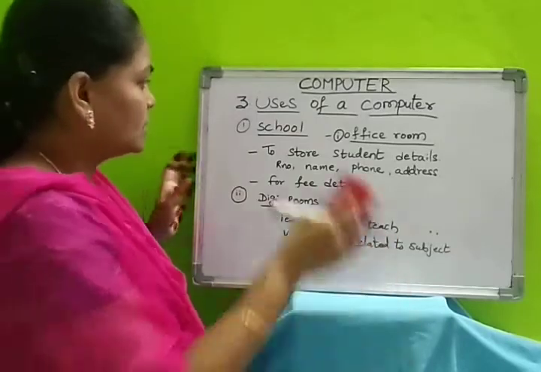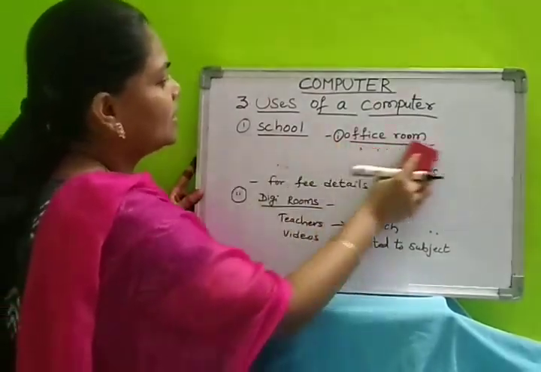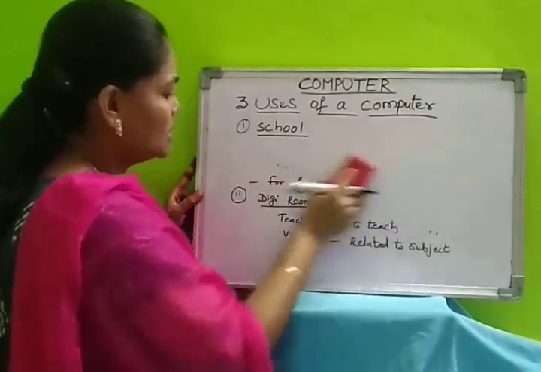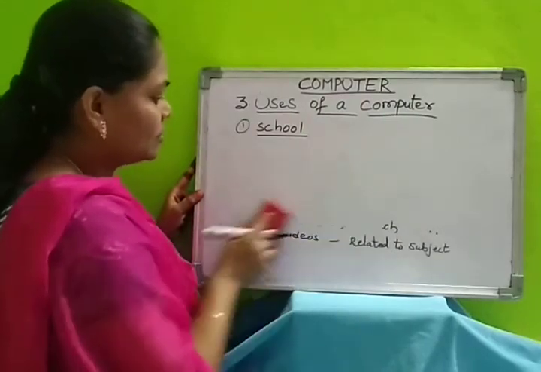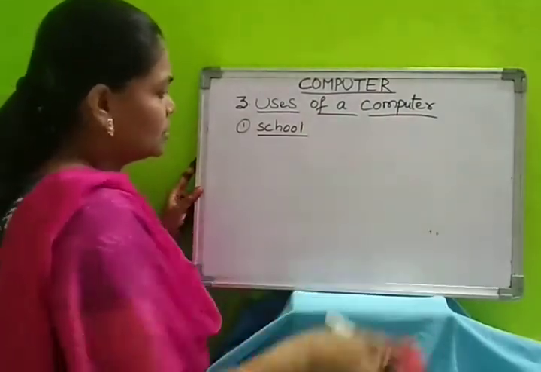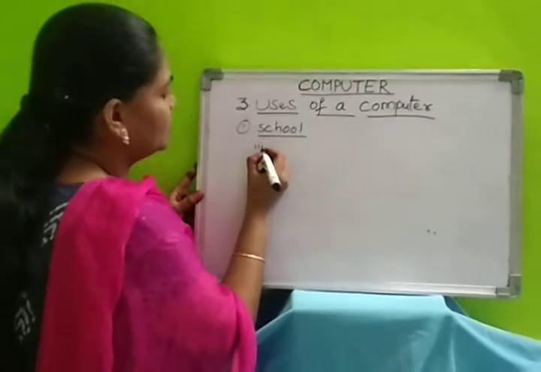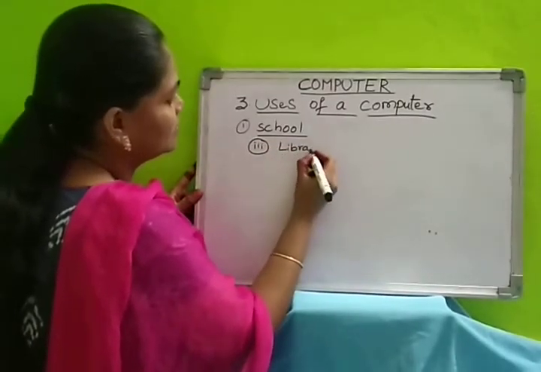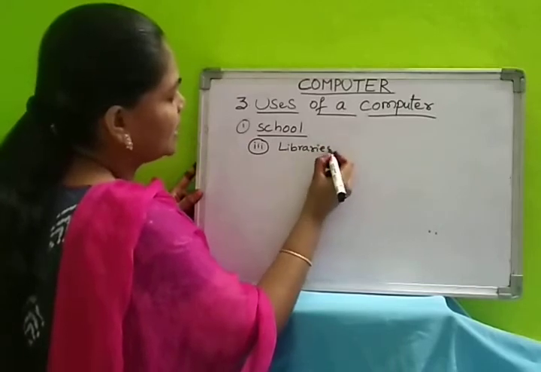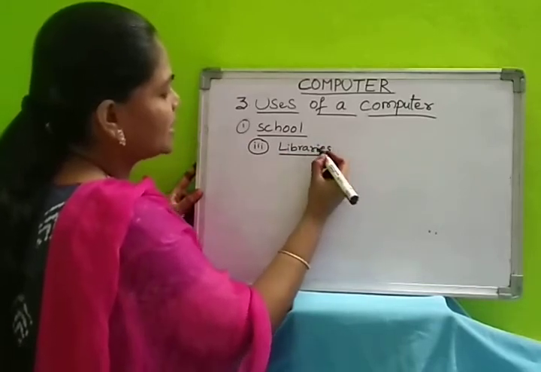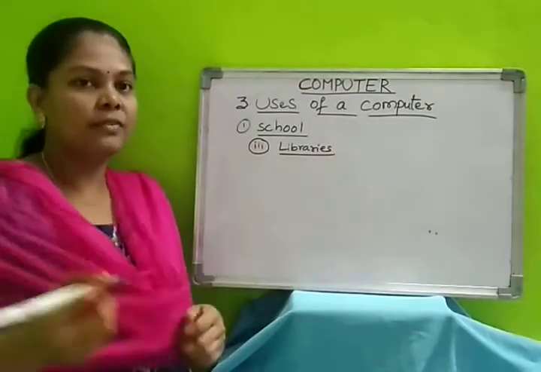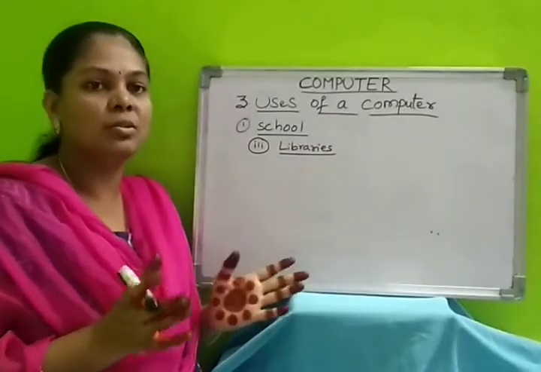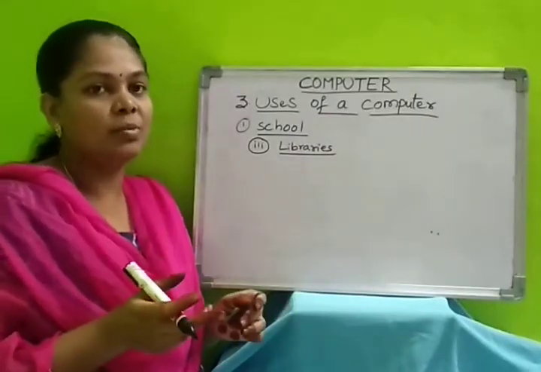Okay. So the next place is libraries. In school, in libraries also, computers are used. So what is the use of a computer in a library? In a library, so many books are there, for science, social, computers, many books like that.